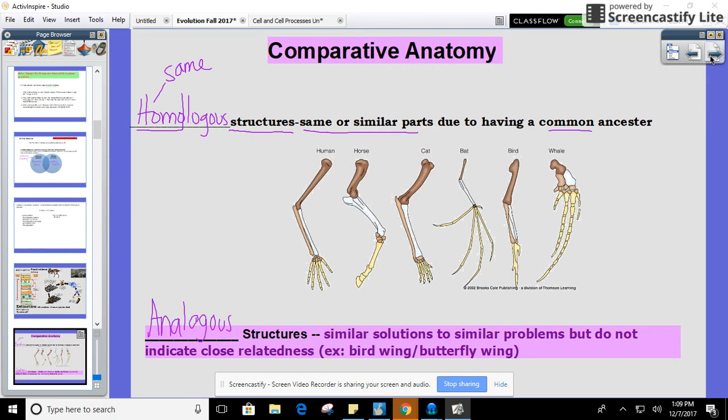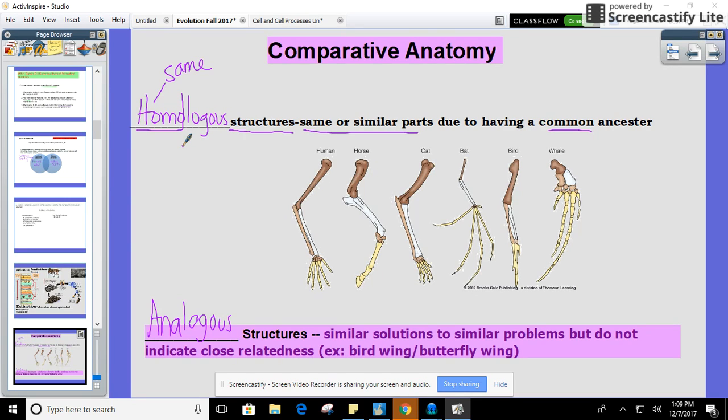The next is living evidence. Darwin looked at comparative anatomy, where the two terms we want to pay attention to are homologous structures. They're structures that have the same or similar parts because they have a common ancestor. Here we have the forearm of a human, a horse, a cat, a bat, a bird, and a whale. We look at their similar numbers of bones, similar structures.